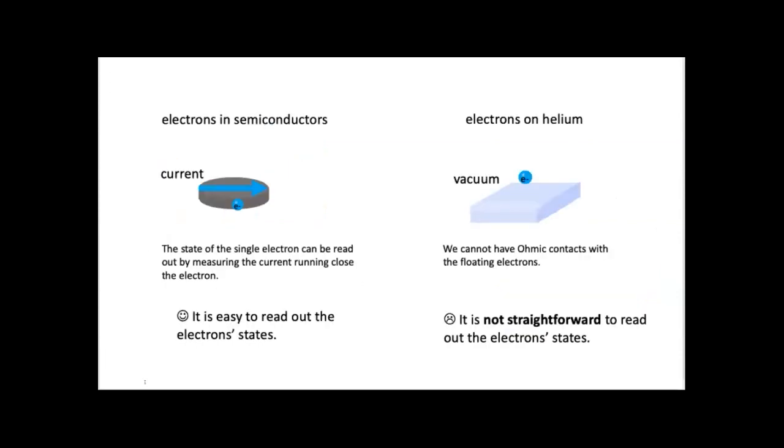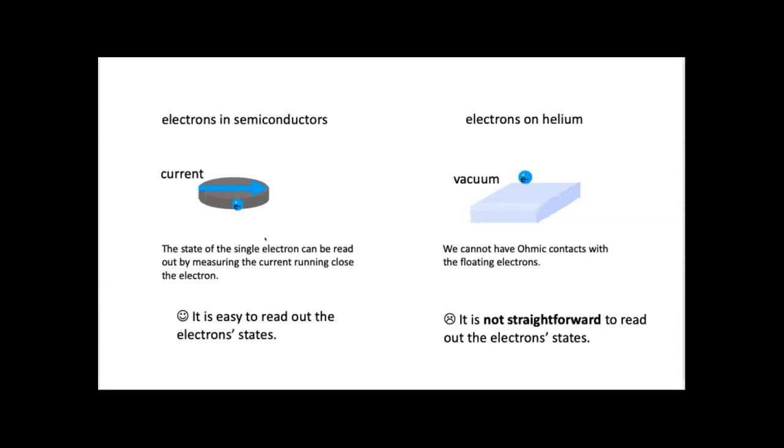But what is the downside of electrons on helium? It is not straightforward to read out the electron state. If you look at what is happening for electrons in semiconductors, a single electron is trapped here, and we can have a huge current running close to this electron, and by measuring this current, we can tell the quantum state of this electron.